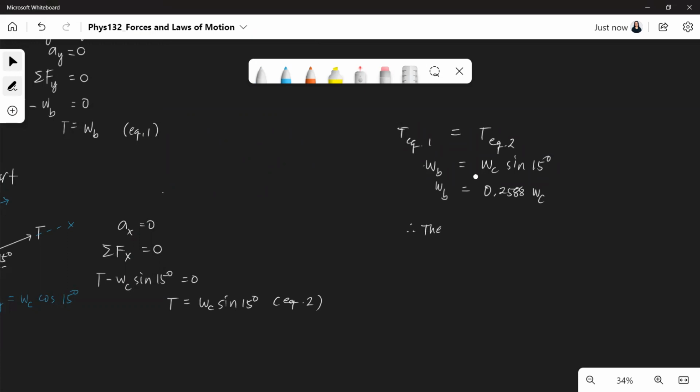Therefore the weight of the bucket must be, in terms of percentage, approximately 25.88 percent of the weight of the cart.